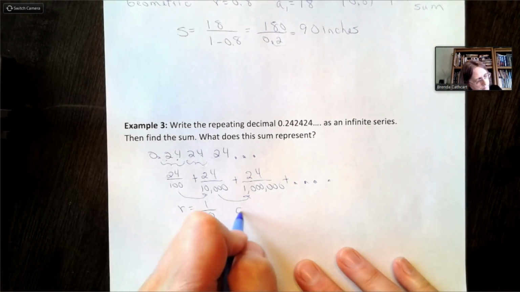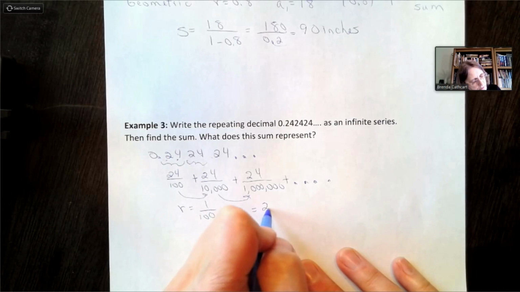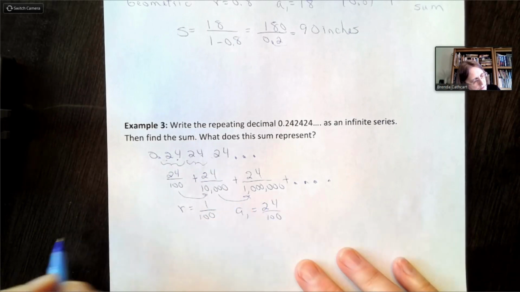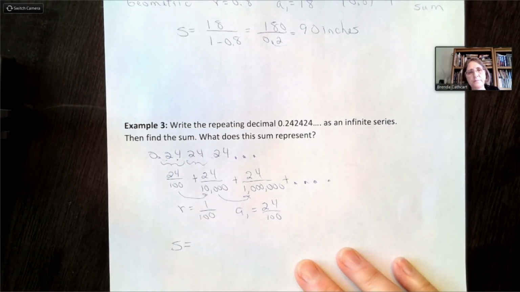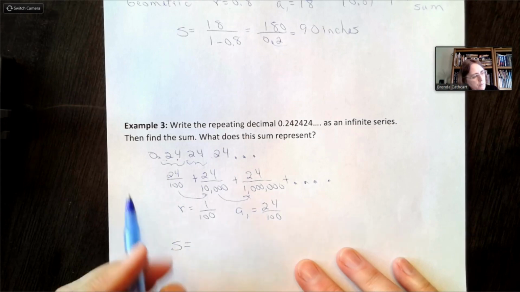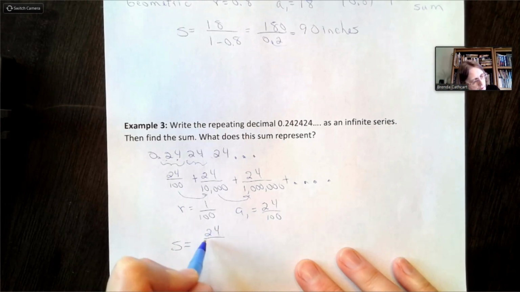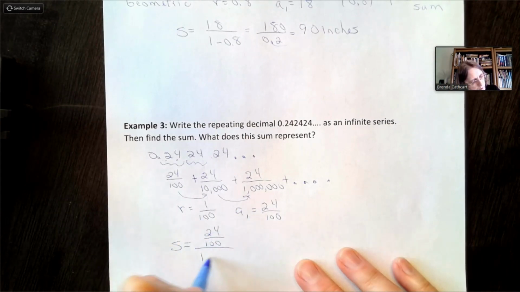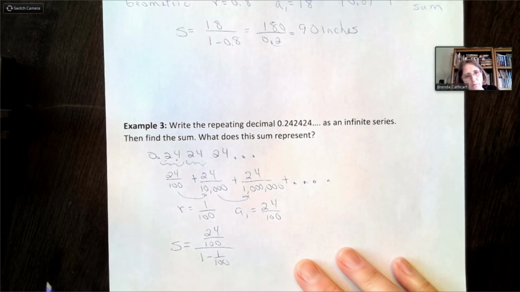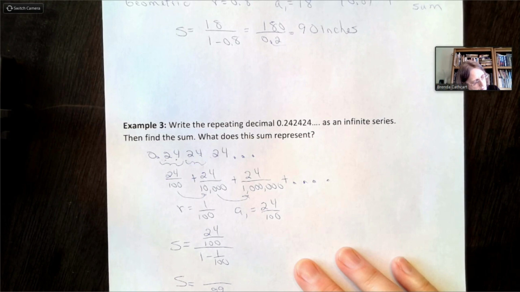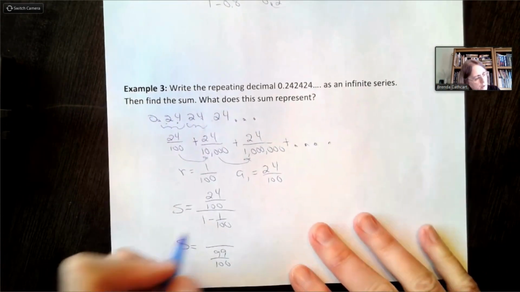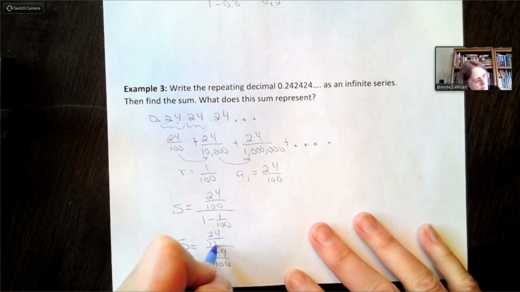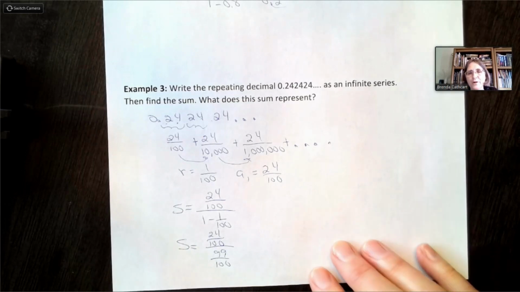Our A1, our starting term, is 24 over 100. So let's see what our sum gets us. Start with A1, which is 24 over 100, divided by 1 minus R. Well, 1 minus 1/100 is 99 over 100. So I have 24 over 100 divided by 99 over 100.